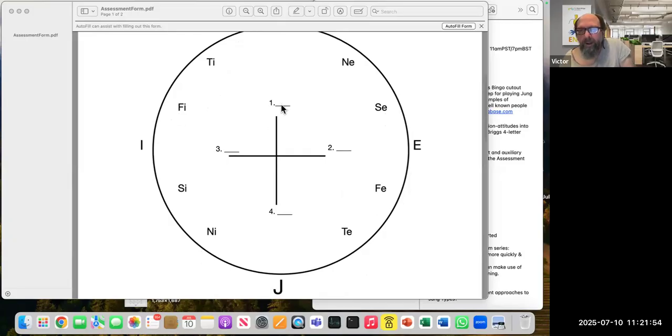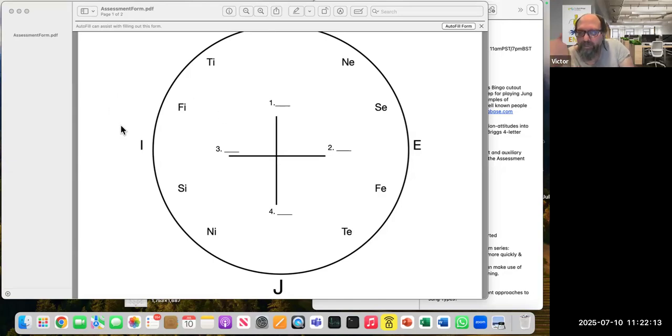As I was saying a few minutes ago, there's also the tertiary function and the inferior function, number 4, but those are things to be discussed in the future.